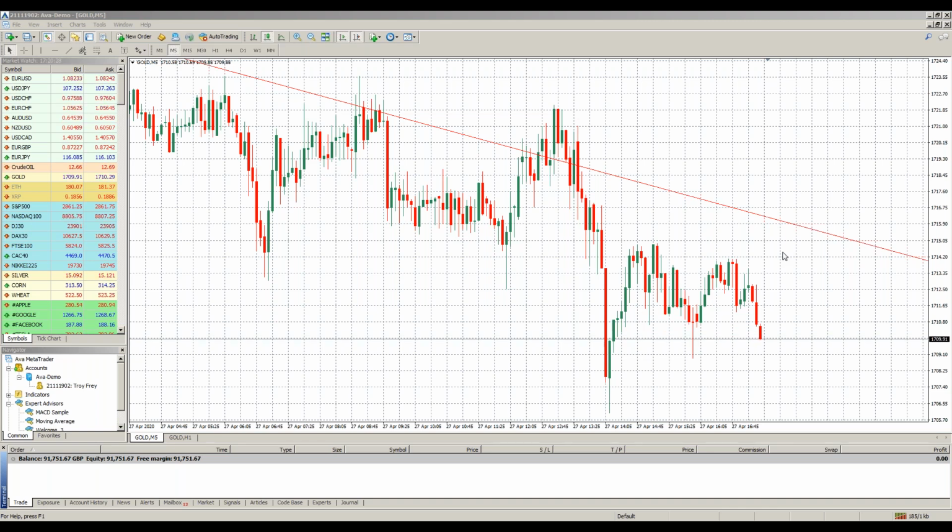Yurlin, with Boeing and some of these stocks we have available that are related to the travel industry, you have to keep an eye on what the federal government in the US, or in whatever country that stock is from, might be doing to assist.